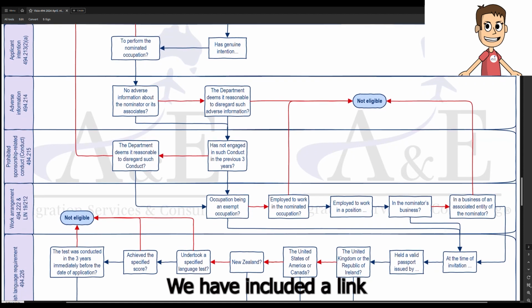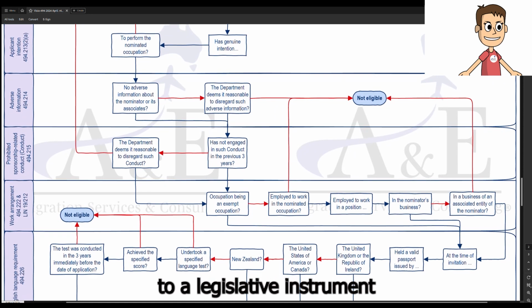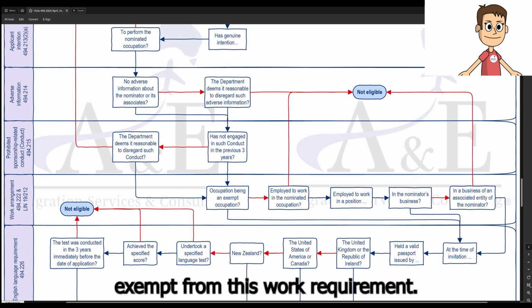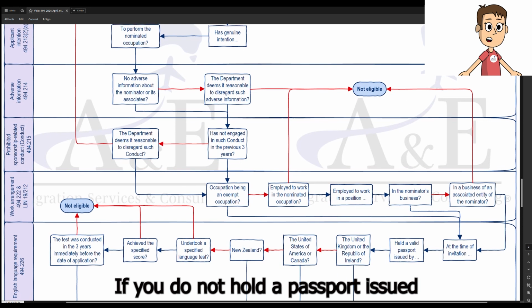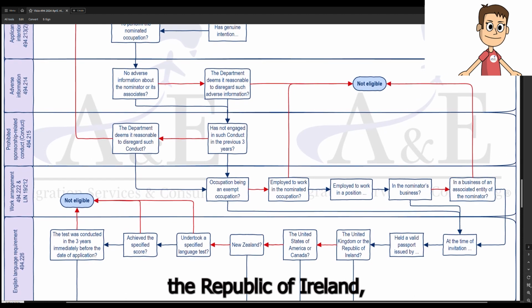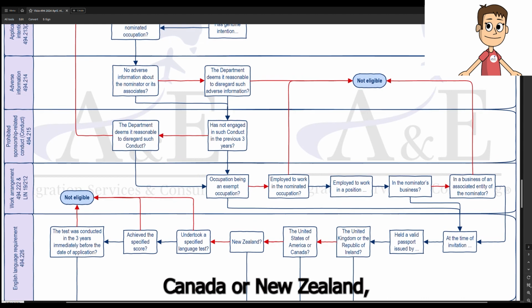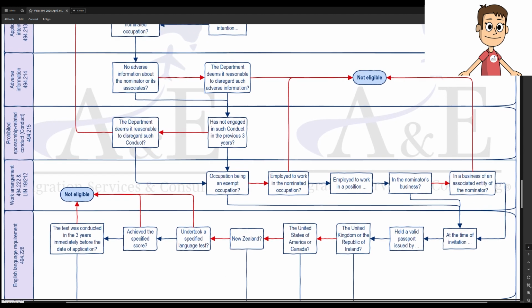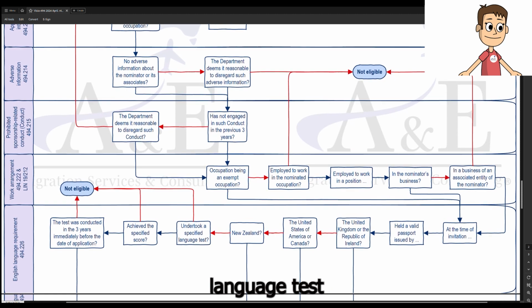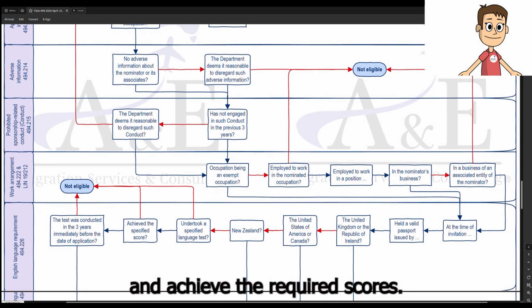We have included a link at the end of this video to a legislative instrument showing all occupations exempt from this work requirement. If you do not hold a passport issued by the United Kingdom, the Republic of Ireland, the United States of America, Canada or New Zealand, you need to have undertaken a specified English language test and achieved the required scores.